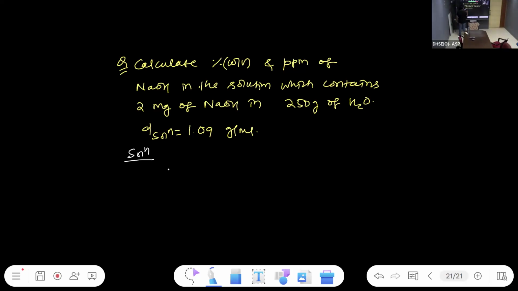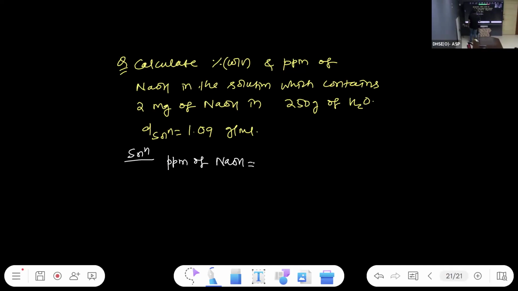First calculate ppm of NaOH, that is mass of NaOH, which is in milligram, so you have to convert it into gram, divided by total mass. So mass of solute is very negligible, so in this case we can write mass of the solvent into 10 to the power 6.